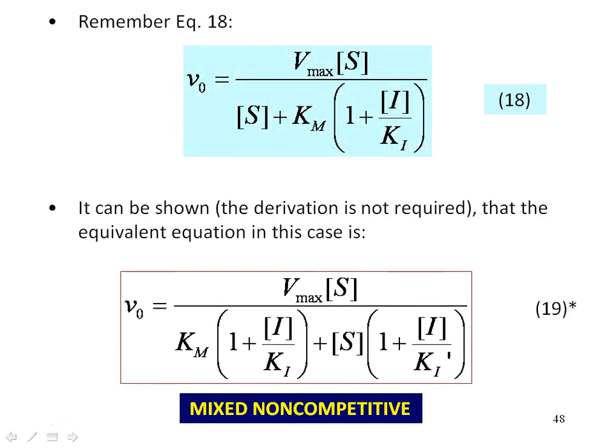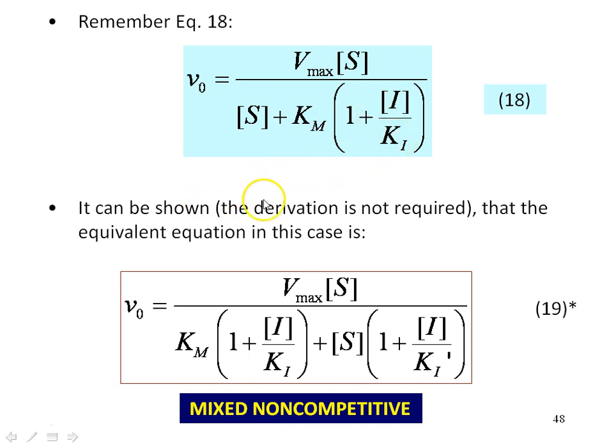So let's remember the equation that we derived previously for the competitive inhibitors. You had an alpha multiplying the Michaelis constant, which was defined as 1 plus I over Ki.